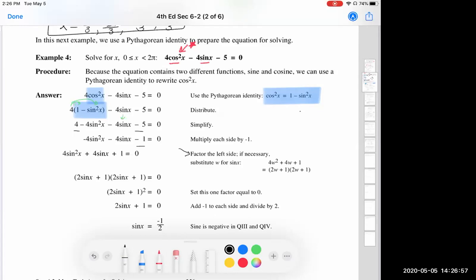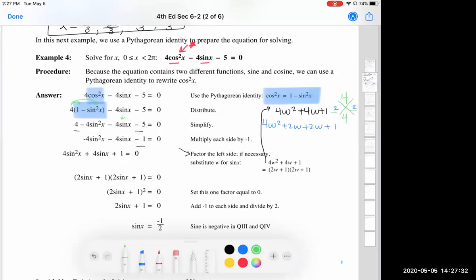If you'd like to see your factoring steps, you have 4w squared plus 4w plus 1. Remember, you multiply your a and your c. 4 times 1 is 4. Your goal is to find two numbers that replace your middle term. So what two numbers multiply to 4 but add to give you 4? 2 and 2. So this becomes 4w squared plus 2w plus 2w plus 1.